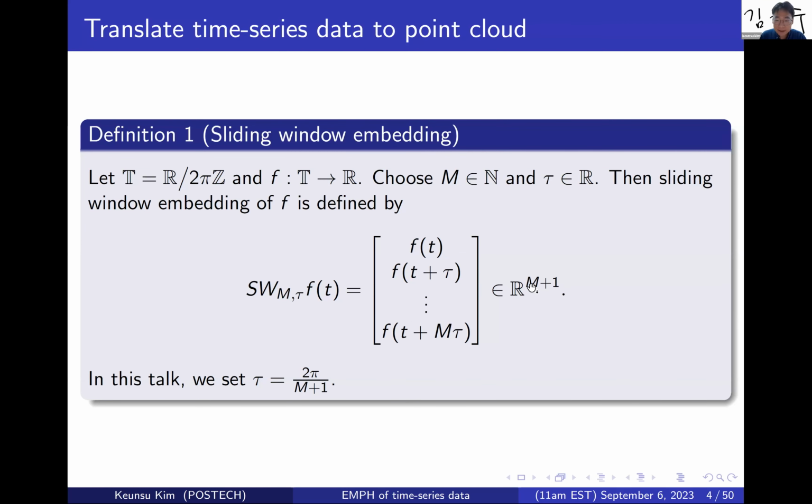Here, m is the embedding dimension parameter, and tau is the delay parameter. In this talk, we set tau equal to pi over m plus 1 to translate sinusoid functions into a circle. If not, then a sinusoid function generally goes to an ellipse.